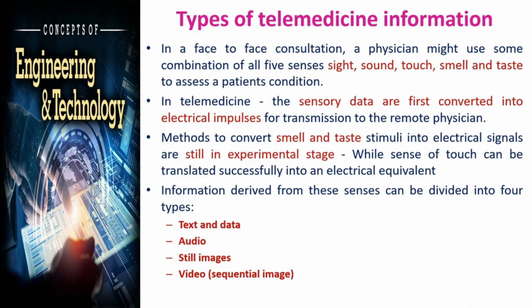All of this can be taken. Again I'm telling you, all this information will come in four major types. We will be getting text and data, audio, and image as well as video.